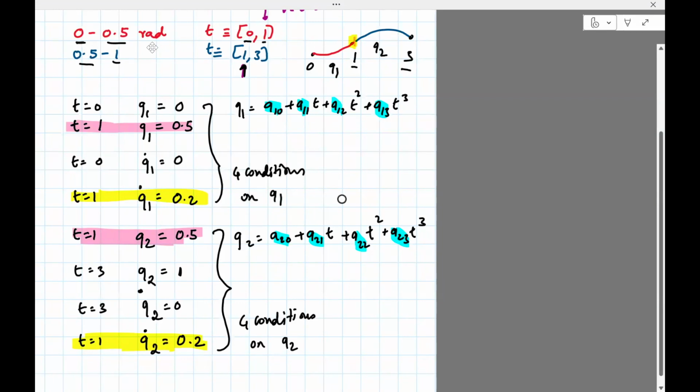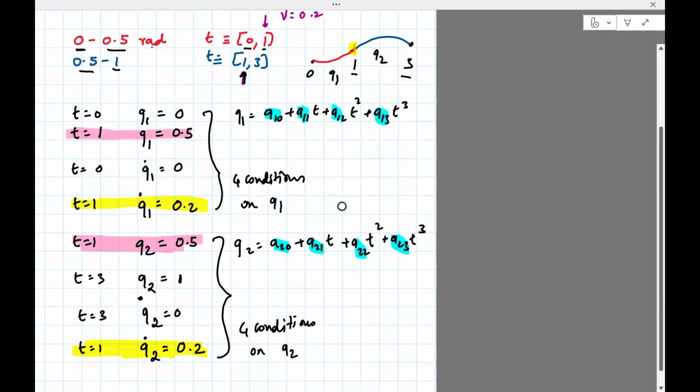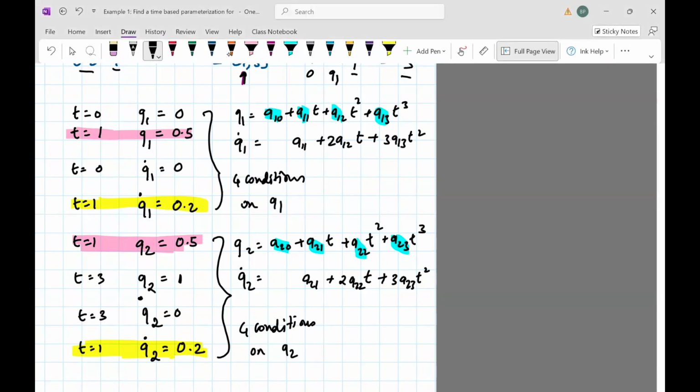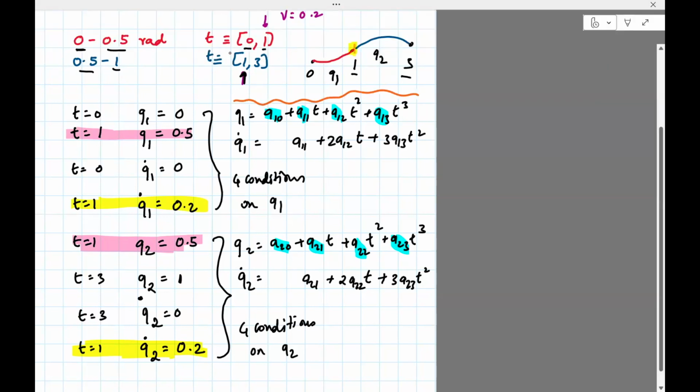The derivative of Q1 with respect to time is A11 plus 2A12t plus 3A13t squared, and the derivative of Q2 is A21 plus 2A22t plus 3A23t squared. So we'll extensively use this one and this one.